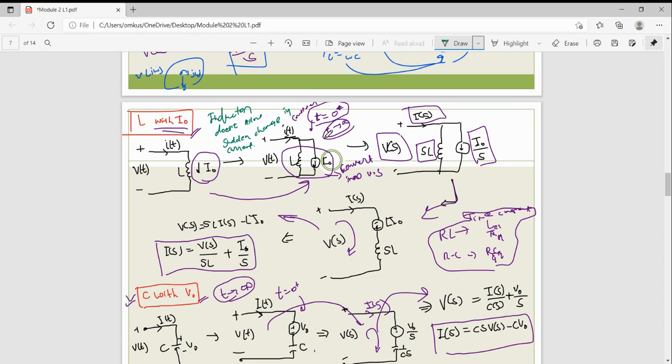But in that case, you have to represent this time as t equal to 0 plus instant. जब भी आपका सर्किट में अगर कोई भी स्विच दिया हुआ है और वॉट एवर द एक्शन इज टेक्स प्लेस फॉर दैट स्विच, देन दिस जो आपका इंडक्टर है उसके पैरेलल में उसका जो प्री डिफाइंड जो करंट है वो कनेक्ट होगा. ये सब प्रोसेस करते वक्त आपको जो टाइम इंस्टेंट लेना है वो t is equal to 0 plus टाइम इंस्टेंट लेना है. जब भी आपका सर्किट, क्योंकि after when you take t is equal to infinite, then this is a natural response, right?